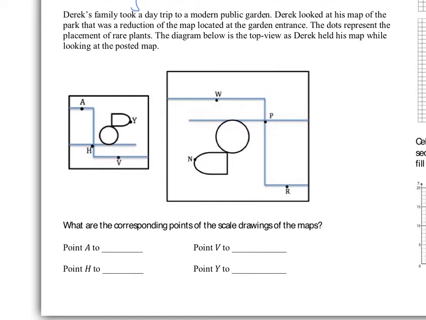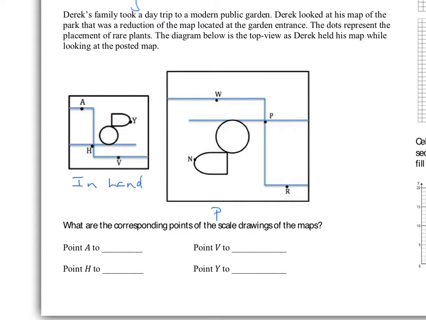We're going to look at this first one. It says Derek's family took a day trip. They went to a public garden. They see a picture of the garden and a map of the garden. The diagram below is the top view as Derek held his map, and this is the posted map that they found. So this is in hand.